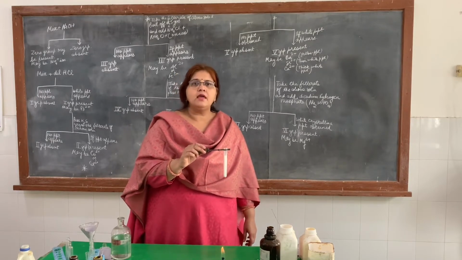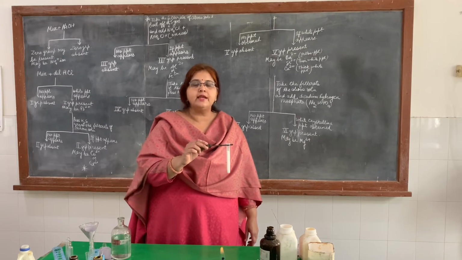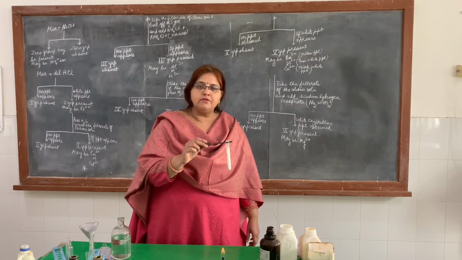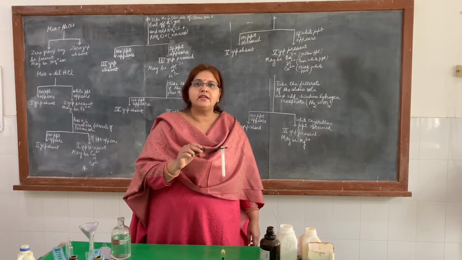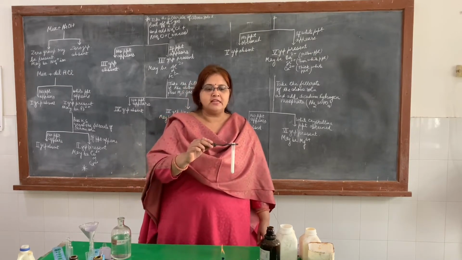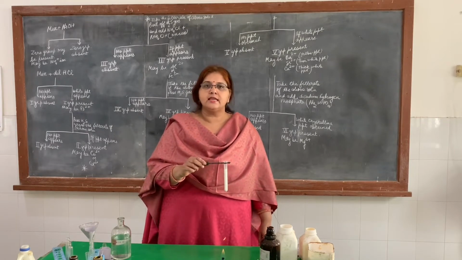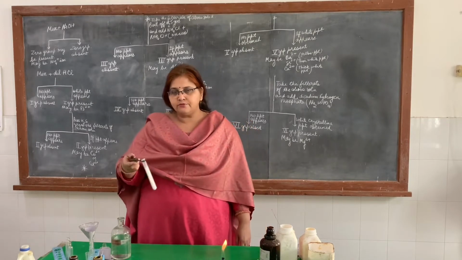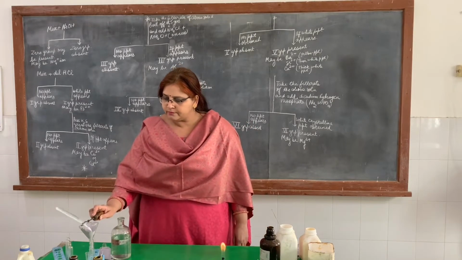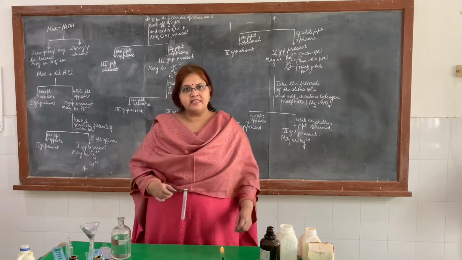Now it may be barium, strontium or calcium. We will do the confirmatory test for this ion. So dissolve the precipitate obtained in glacial acetic acid. For this we have to filter it off, and then we will take the precipitate.